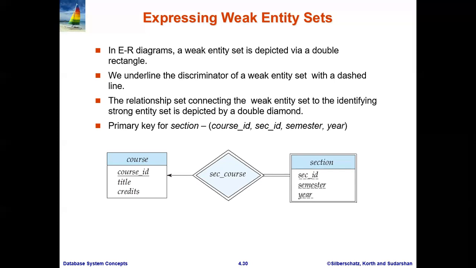So it is always based on the identifying set's primary key. So the primary key for section is course ID, the primary key of the strong entity set, plus the discriminators of section, that is section ID, semester, year. And we always depict a weak entity set by a double rectangle and the relationship set between the weak entity set and strong entity set by a double diamond.